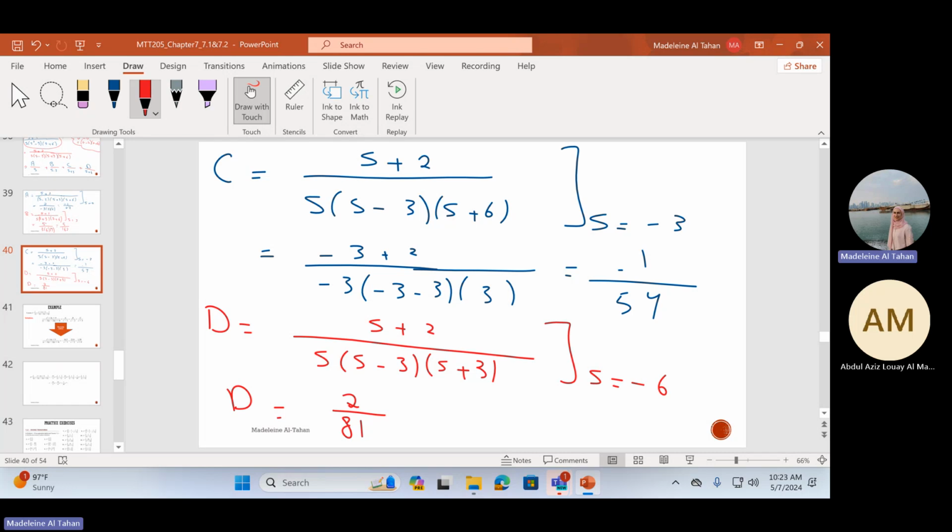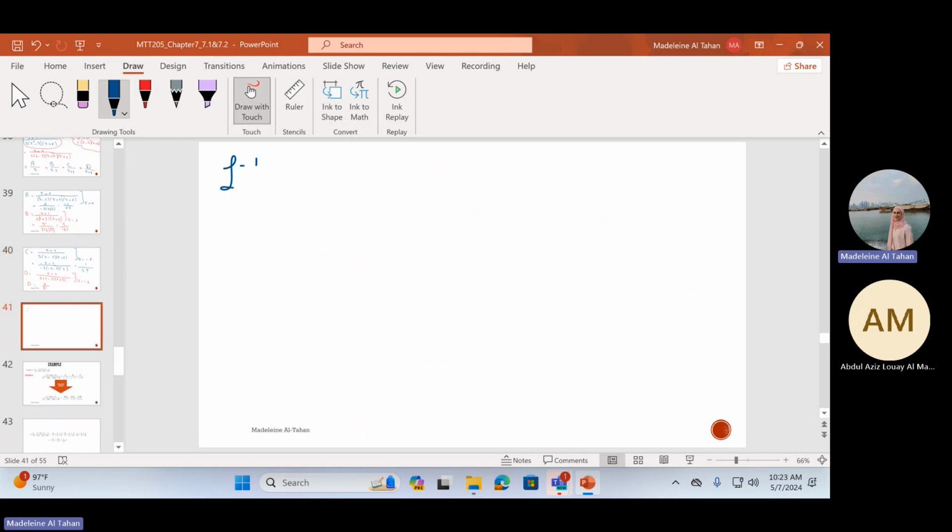But the question is not about finding A, B, C, D. What was the question? Find the Laplace inverse, right? So we found these ones. Now the Laplace inverse of F would be: A, negative 1 over 27, Laplace inverse of 1 over s.